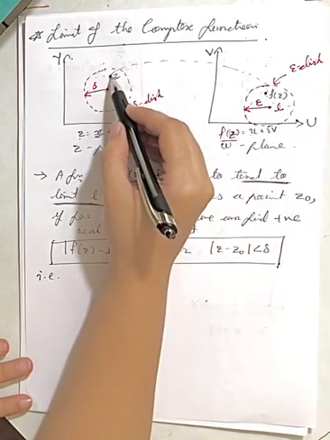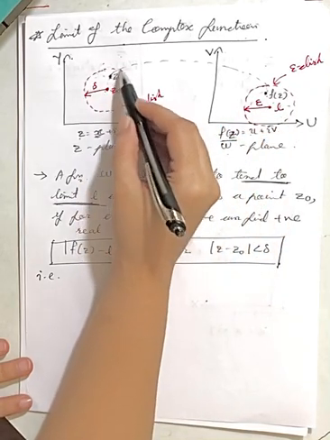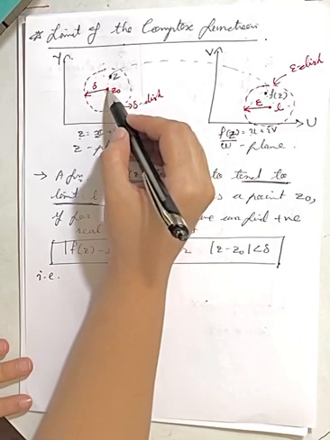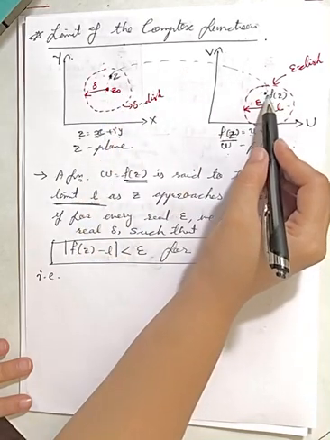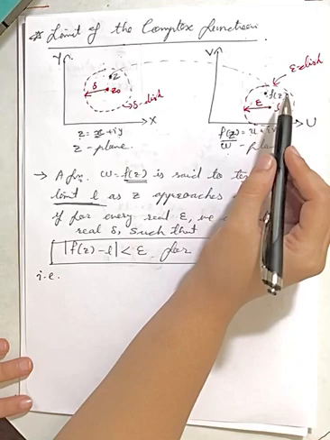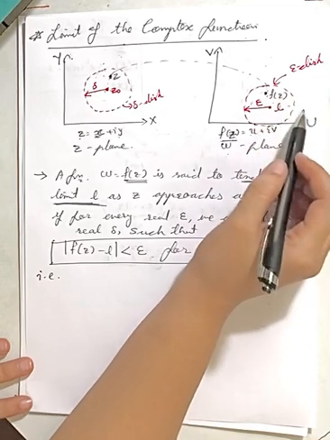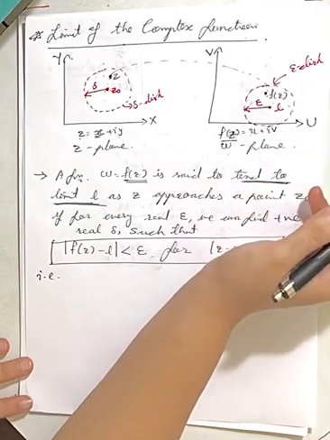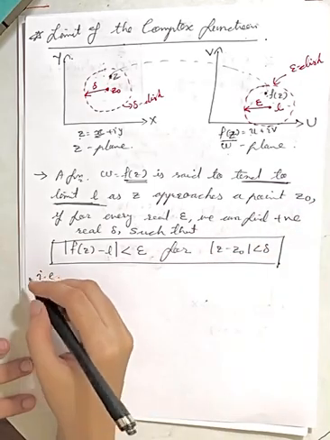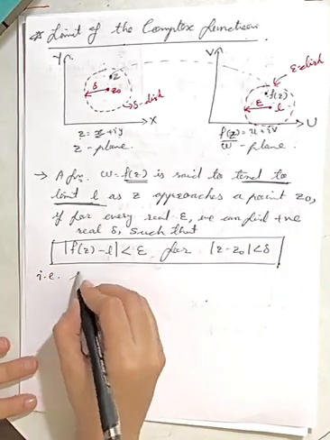So if you choose the point z within the delta disk, then there will always be a corresponding f of z, and that will also be within its own epsilon disk. It will never be outside the disk. So that is what it meant.